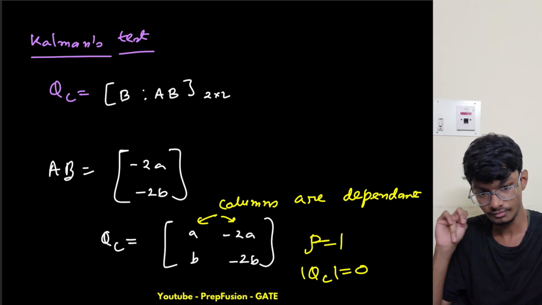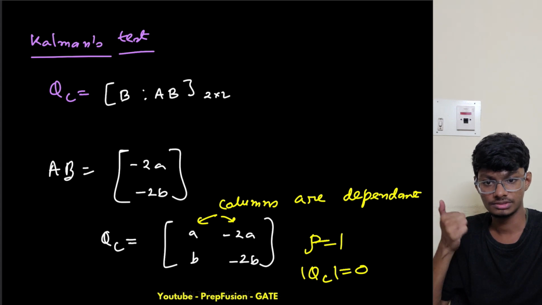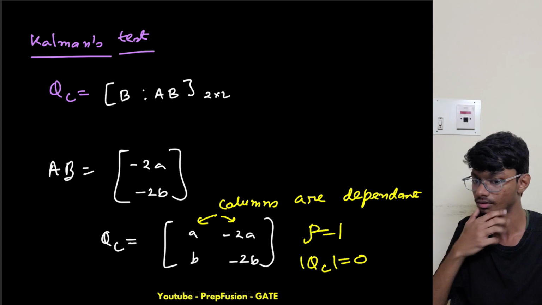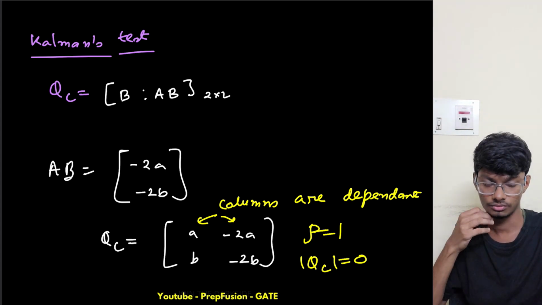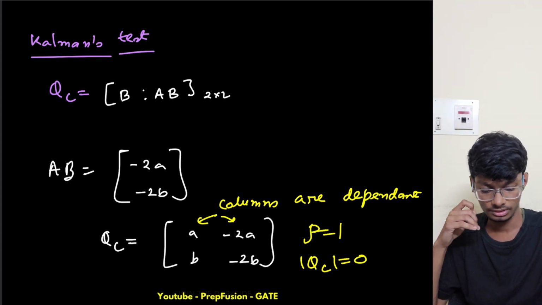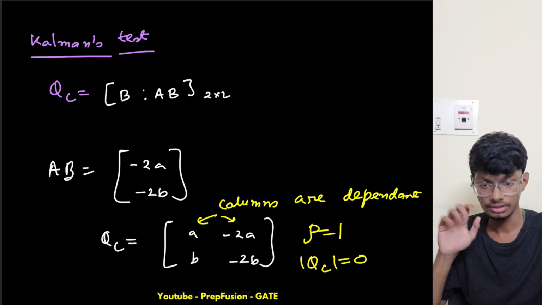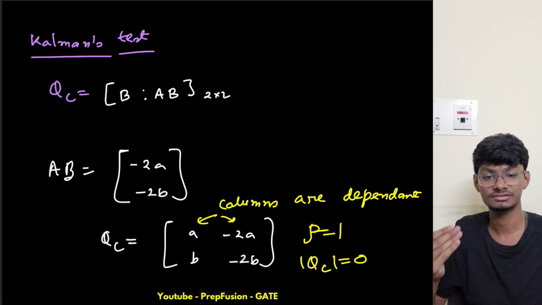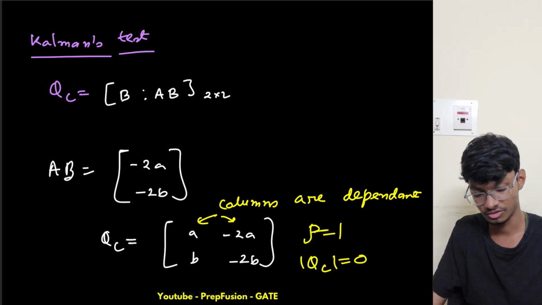So this is basically the main thing. Now Qc is this one. If the determinant of Qc is 0, what does this mean? This means my system is uncontrollable.